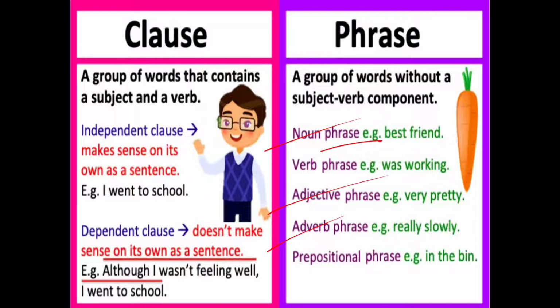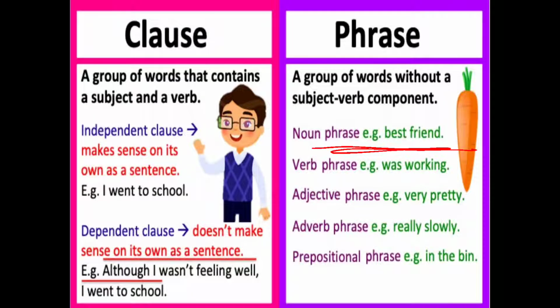This phrase can be divided into five parts: noun phrase, verb phrase, adjective phrase, adverb phrase and prepositional phrase, right? We will understand that also. You can see in the first, noun phrase, it is written "best friend," right? This best friend is working as a noun here.